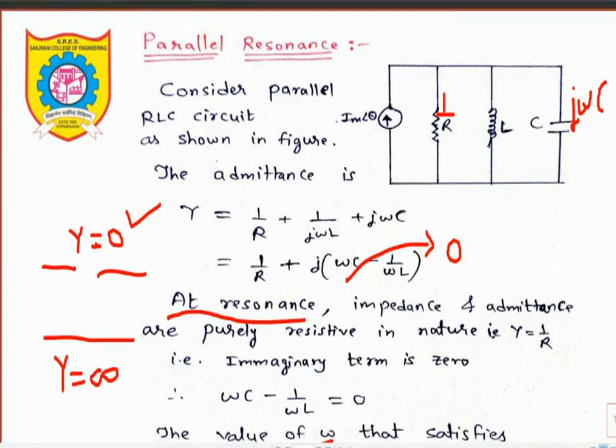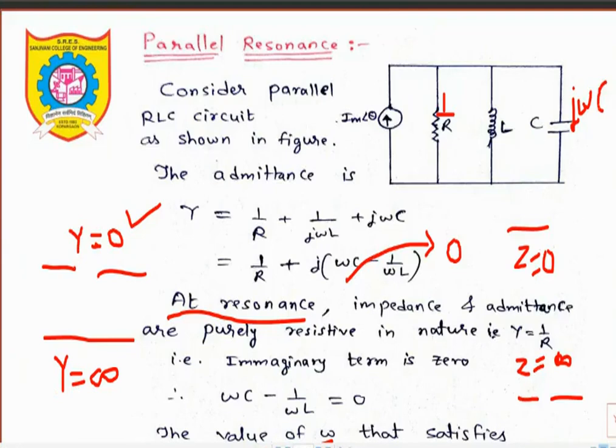In impedance, a short circuit means Z equal to 0, and Z equal to infinity means open circuit. But it is opposite because of the reciprocal, Z equal to 1 by Y. So when Y is 0, it is acting as an open circuit, and when Y is infinity, it is acting as a short circuit.